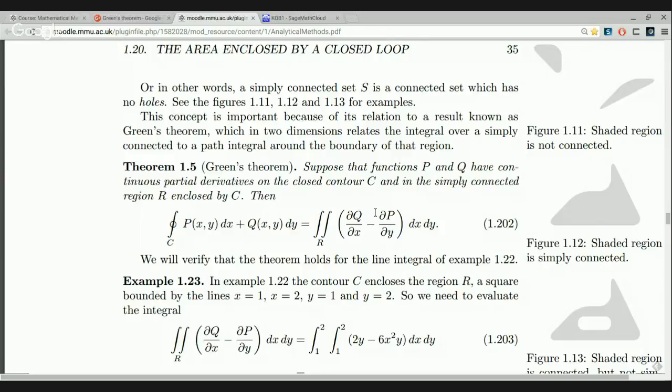And as our rectangles get smaller and smaller, the right-hand side will look more and more like the double integral over R of dq/dx minus dp/dy, dx dy. So this limiting process is as the size of the rectangles goes to 0.